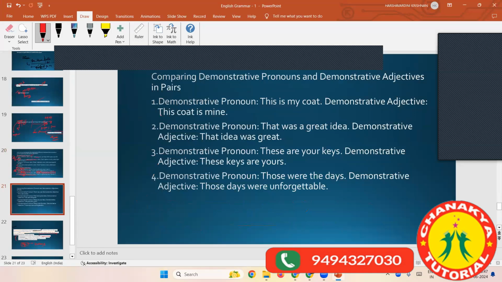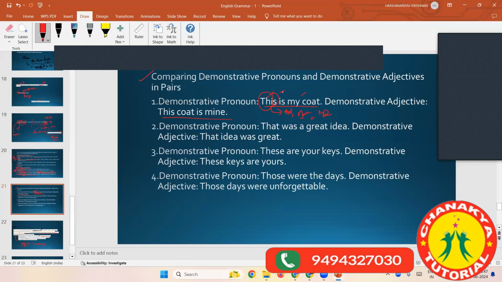So, comparing demonstrative pronoun and demonstrative adjective in pairs. See, a demonstrative pronoun: This is my coat. Demonstrative adjective: This coat is mine. So "this is my coat" is going to be a demonstrative pronoun, because here "this" can be any person. This can be Advai, this can be Advik, this can be me also.